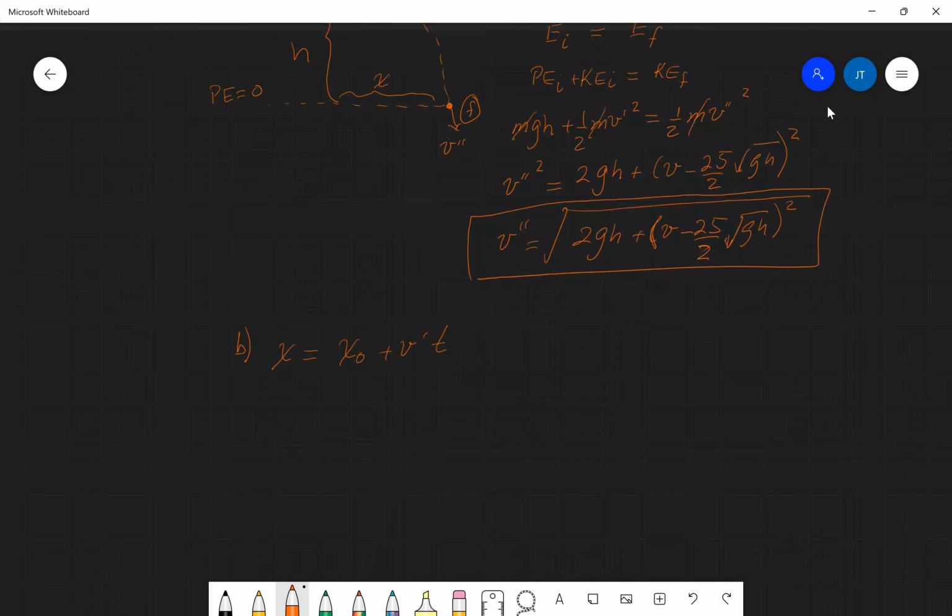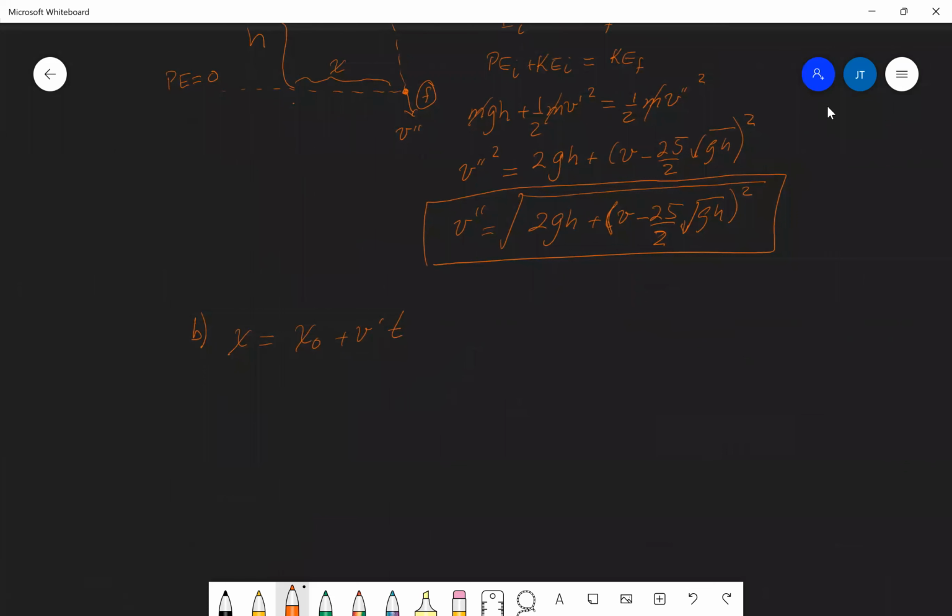Now, if we choose our axis, where this is our 0 for x and our 0 for y, then x0 can be taken to be 0. So x equals, what is v prime? v minus 25 over 2 square root of gh, times t. Well, the only unknown here is t.